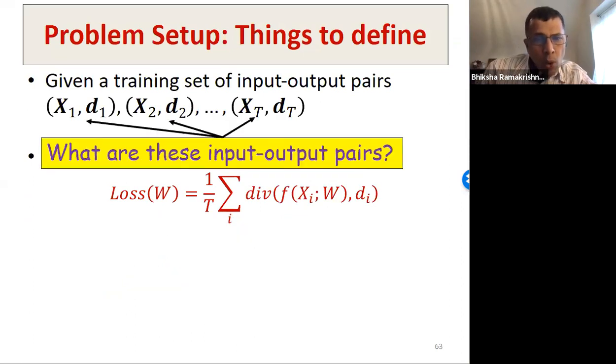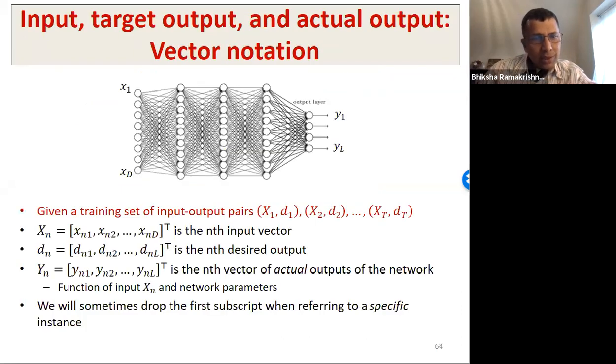Now, what are these input-output pairs? They are the inputs that you provide to the network and the target output, but they must be numeric because the network is a numeric computation. So the input is going to be some vector. The notation uppercase X superscript n means it's the nth input, but each input is going to have a bunch of components, in which case I'll have a small x.